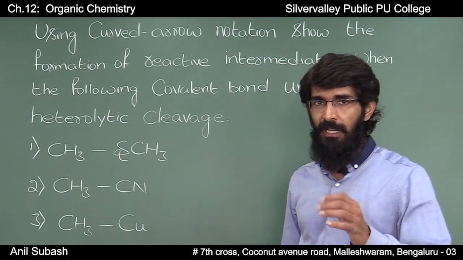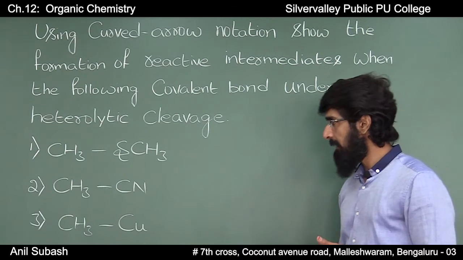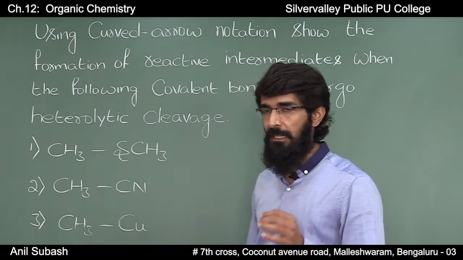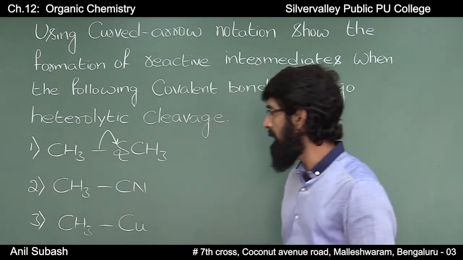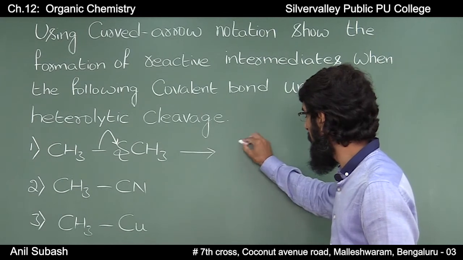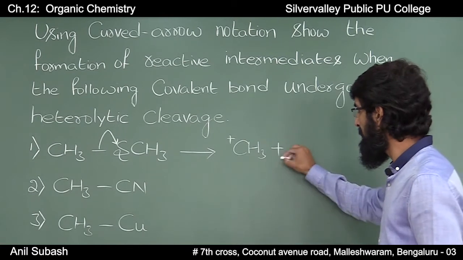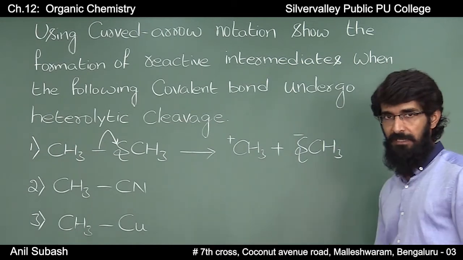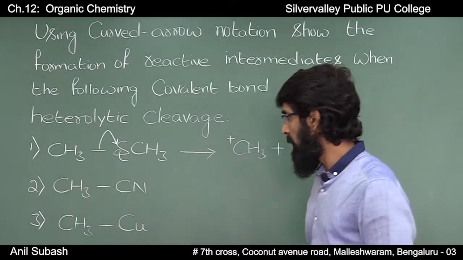It has been mentioned that the bond undergoes heterolytic cleavage, and in this case, when the bond between carbon and sulfur undergoes heterolytic cleavage, both the pair of electrons will move along with S, and it leads to the formation of CH3 plus, S minus.